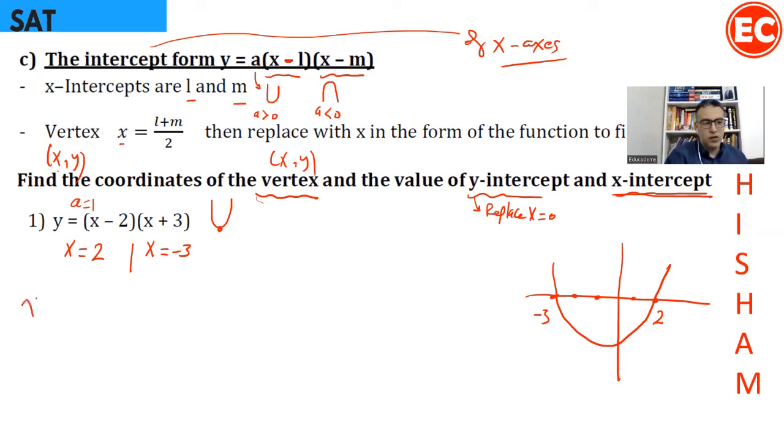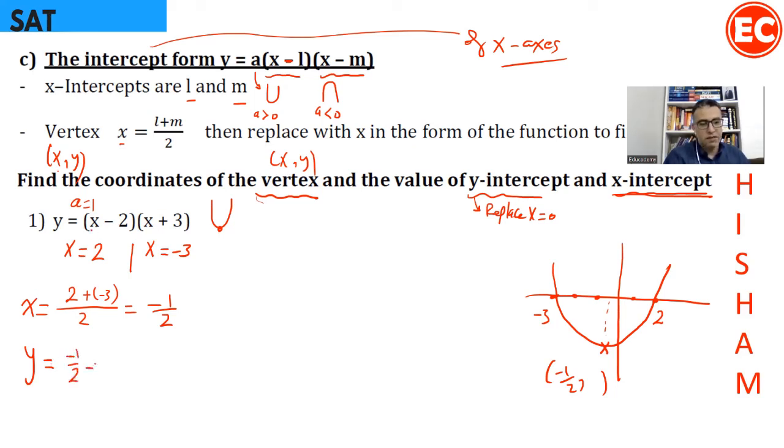So to find the x coordinate, I'm going to add them, 2 plus negative 3, and divide the value by 2. So it's negative half. So the vertex is at x equals negative half. And to find the y coordinate of the vertex, I'm going to replace x with negative half.